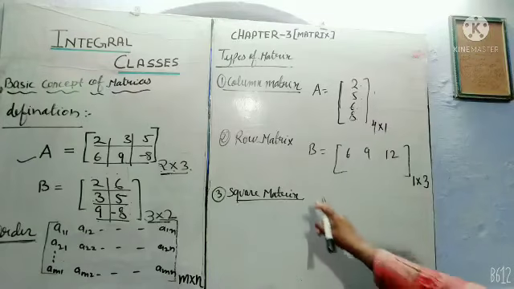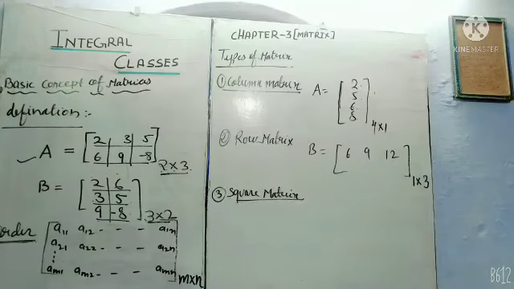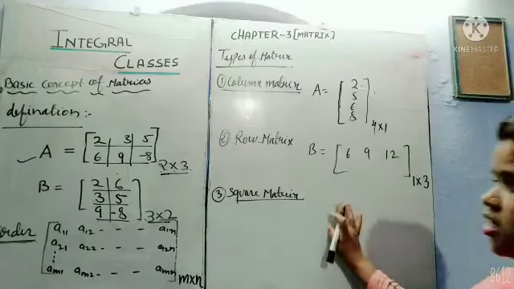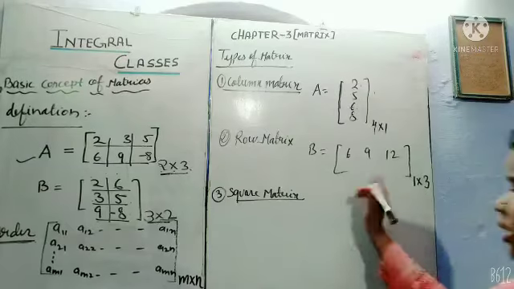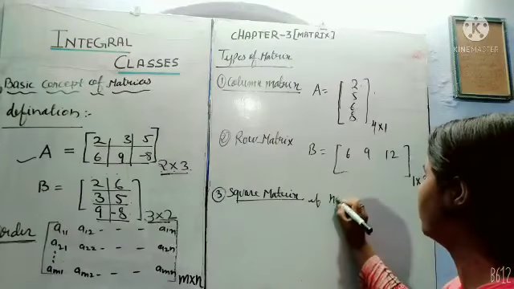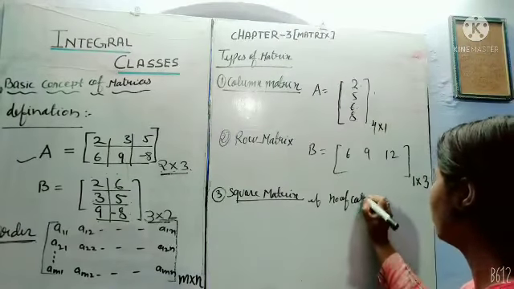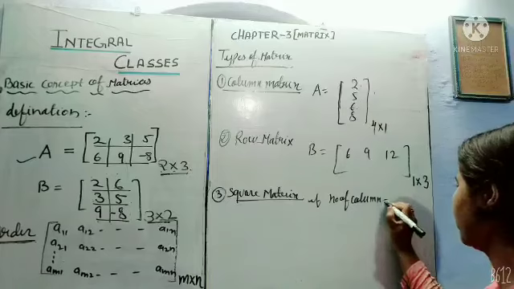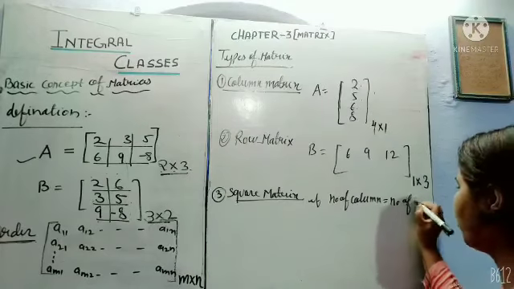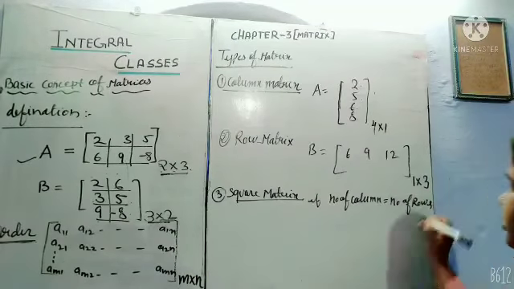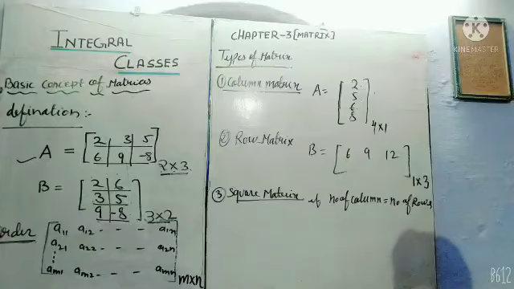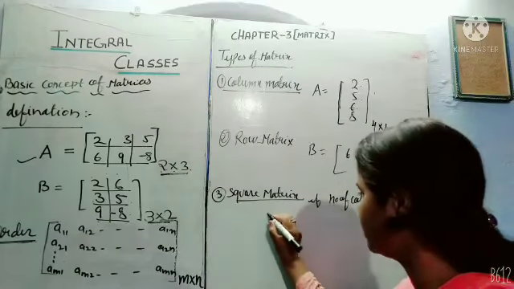Now next is the square matrix. A matrix is said to be a square matrix if the number of columns equals the number of rows. Let's see how.